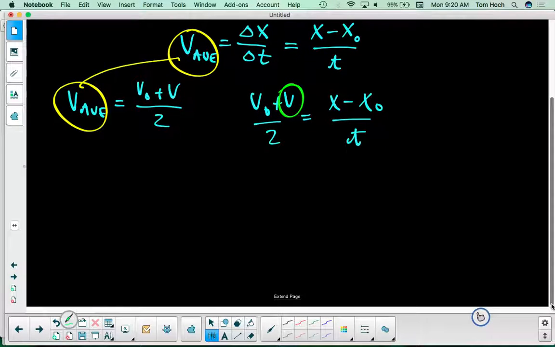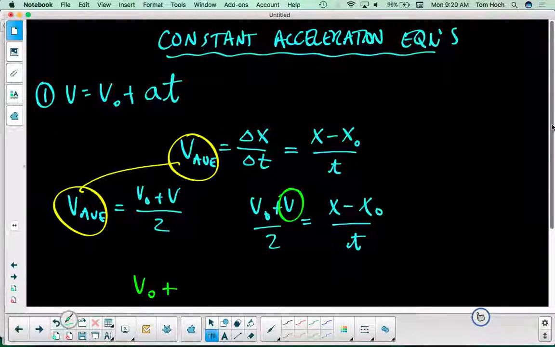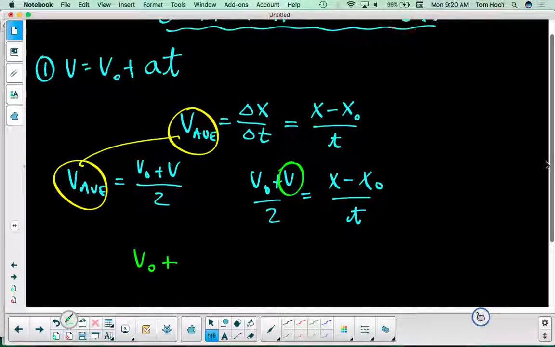What I really want to get is V. Or actually, in this case, I'm going to solve this for X. So let's do this. Now, V initial plus V. But I already have an expression for V. V equals V0 plus AT, right?